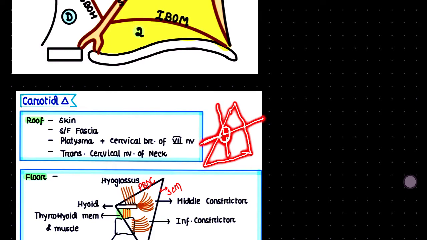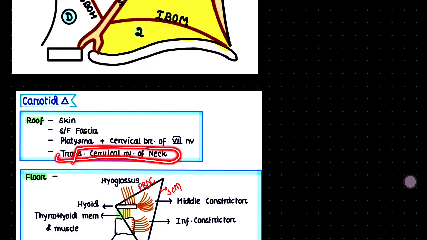Of those 4 nerves, the one going anteriorly or transversely was our transverse cervical nerve of neck. So this nerve is common between the posterior triangle and the anterior triangle.